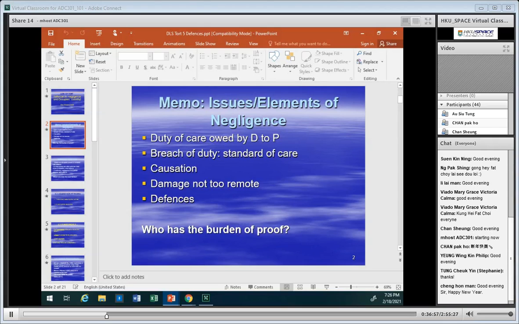Okay, so remember we looked at those cases involving children. Obviously that's an ordinary child of that age, that would be the standard, etc. And we looked also at professional people. All right. And also the court will look at various factors in deciding whether there is breach of the duty, such as how often does this event occur, the seriousness of the potential injury to the plaintiff, and all the circumstances.